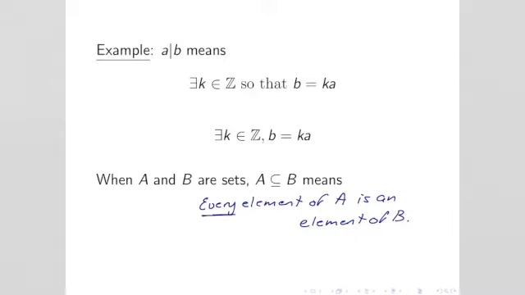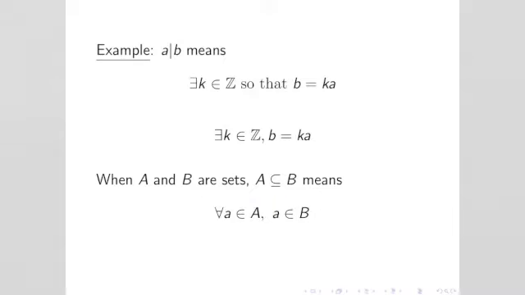Our new notation for that looks like this. If I were to read this directly, it would say for all a, an element of the set A, a is an element of the set B. But again, we don't do a direct translation of the symbols. We read this more smoothly to say for every element of A, that element is an element of B.